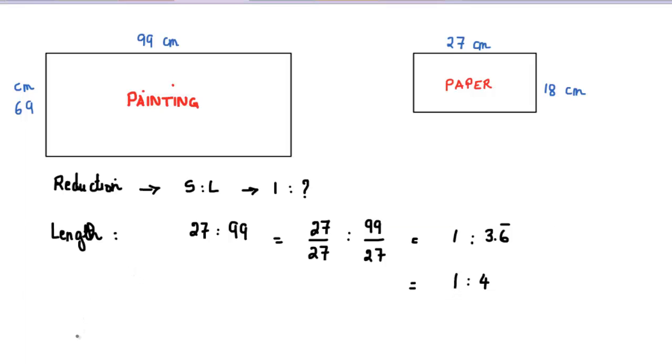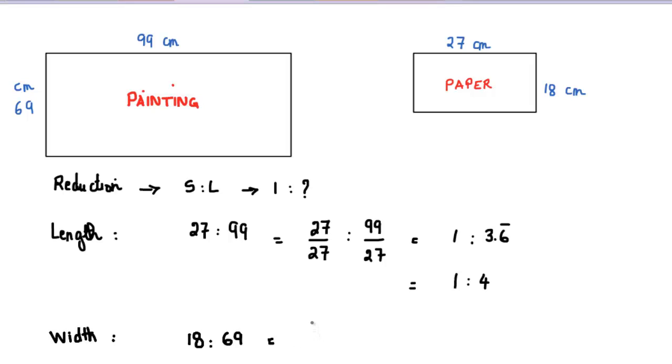If I go to the widths, so I solved the problem of the lengths. Now I need to talk about the widths. Again, if I'm gonna talk about the widths, I need to find the small to large. The small here is my paper. The width of the paper is 18. What about the width of the painting? It's 69. So I need 1 to something else.